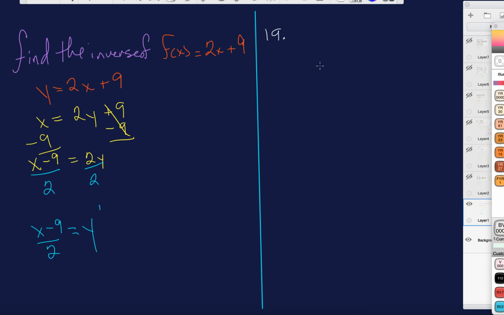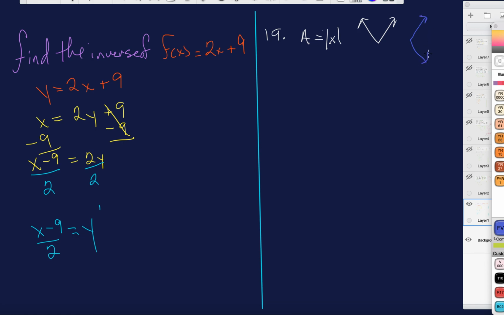Okay? If you look at letter A, it says the absolute value of x. That is a V shape, right? Well, if you switch your y's and your x's, this V shape becomes a V shape going this way, right?